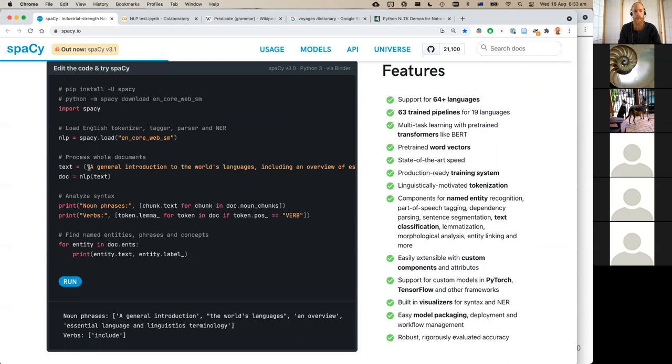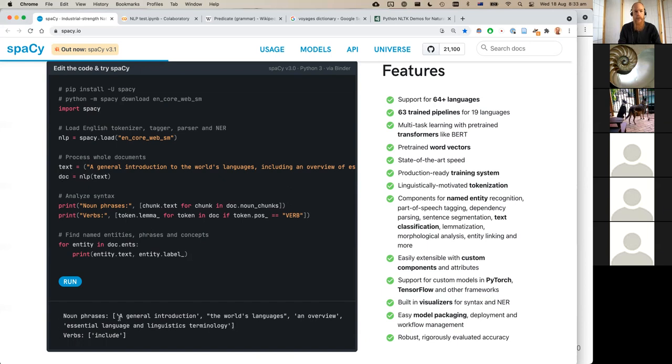The text that I put in there is this sentence from the introduction to the course, Voyages in Language Technologies: general introduction to the world's languages, including an overview of essential language and linguistics terminologies. When we perform the chunking on this input text, we can see down the bottom there that we are given a bunch of noun phrases.